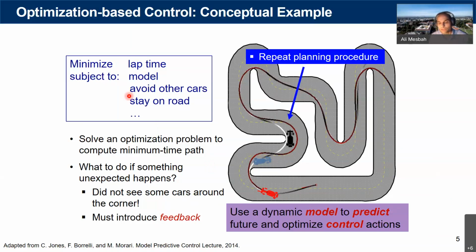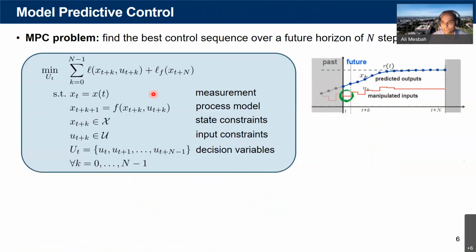So the whole notion of optimization-based control or decision-making, or in other words, model predictive control, in short, MPC, is essentially to find the best control sequence over some future horizon of n steps through solving such an optimization problem online.